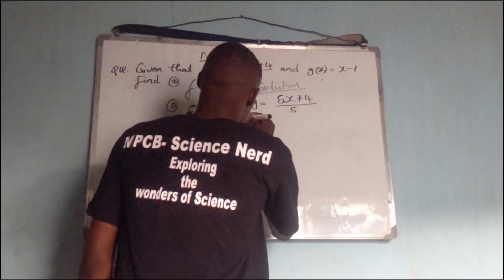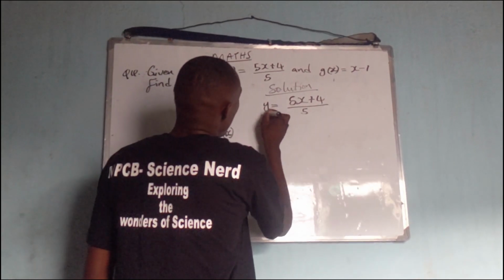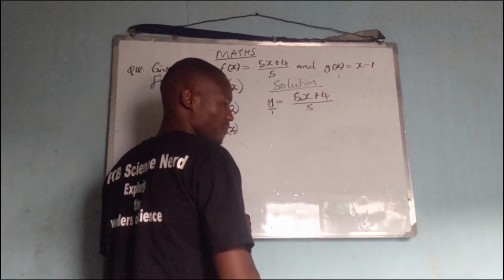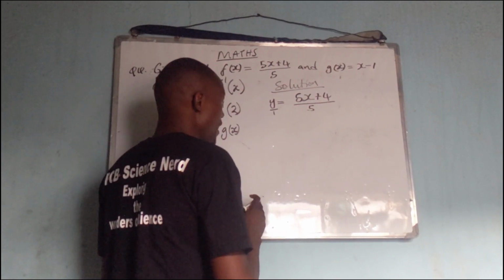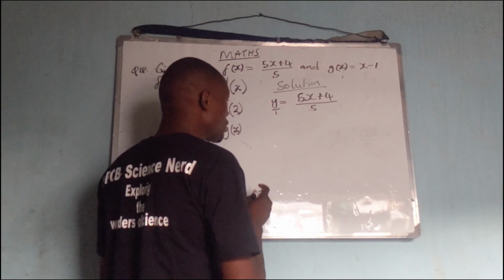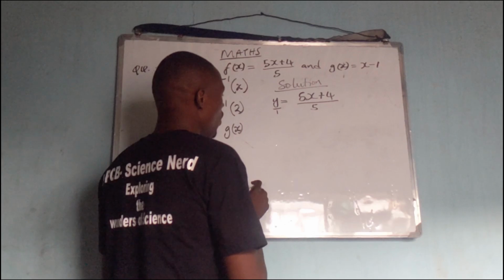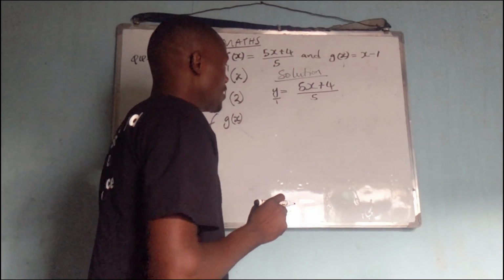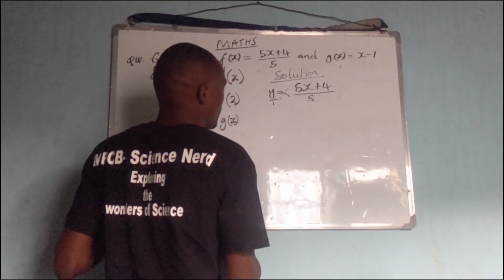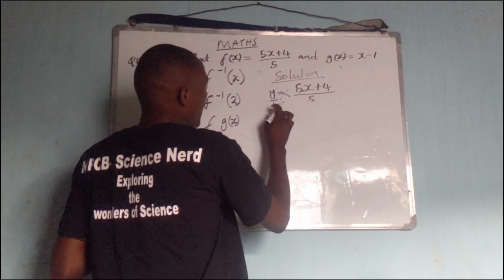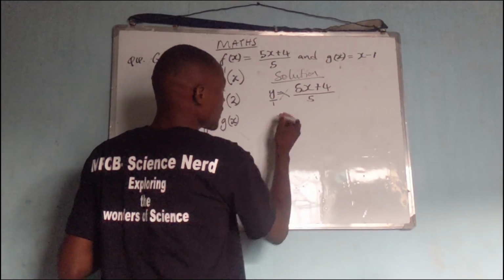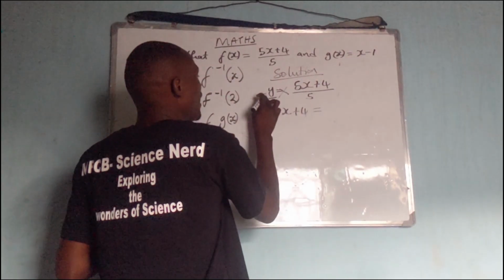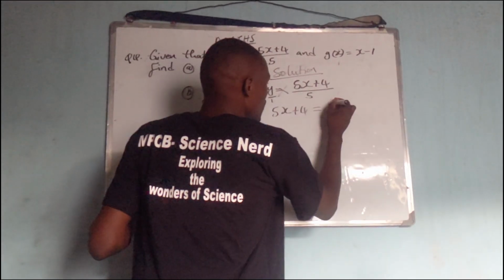Therefore, we know that this is exactly the same as y over 1, because anything divided by 1 is that thing. 1 into 5 is 5, 1 into 6 is 6, 1 into 100 is 100. Which means 1 into x is x and 1 into y is y. From there, we are going to cross multiply. 1 times 5x plus 4 is 5x plus 4, which is equal to y multiplied by 5, which is 5y.